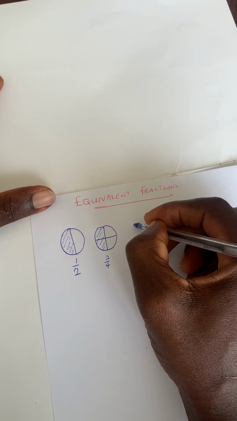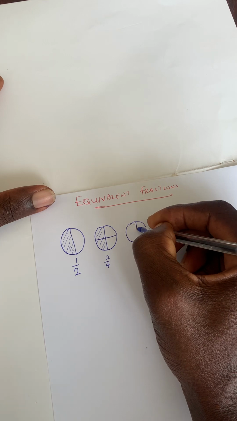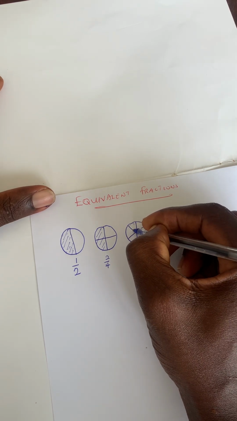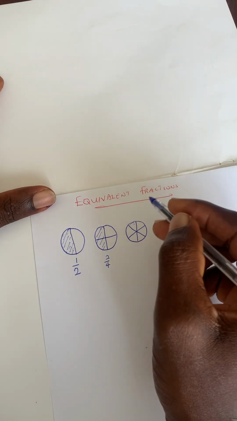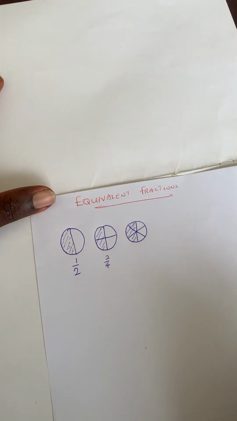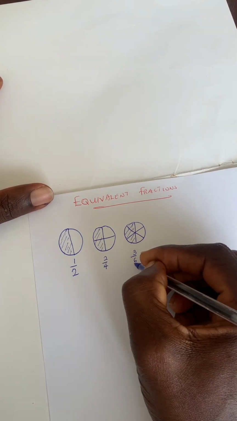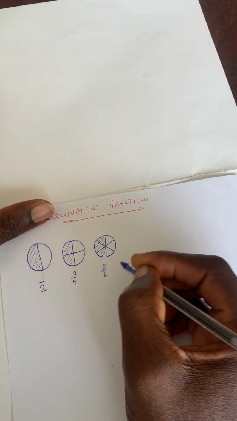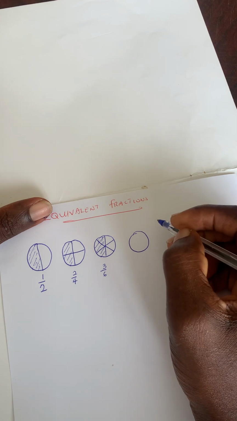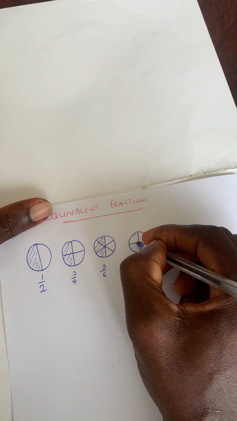Another orange is being shared by the same two people, but today it is divided into 6 parts. And one person still gets the shaded portion. So the fraction for the shaded portion is 3/6. Now, the same orange is being shared by the same two people, but today it has been divided into 8 equal parts.